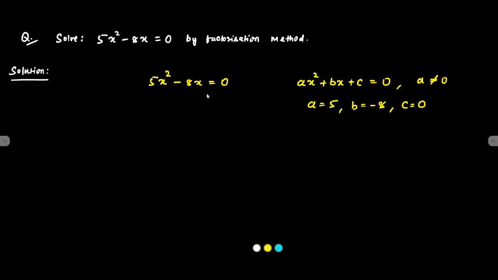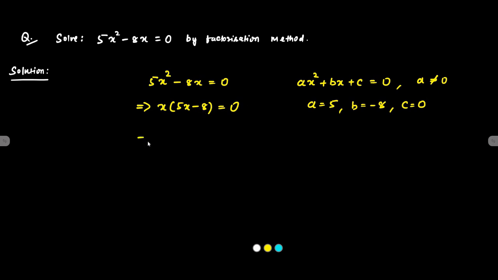So it is very simple and can be solved in a matter of seconds. If we take x common here, it will be x into (5x − 8) = 0. x into 5x is 5x², x into 8 is −8x.